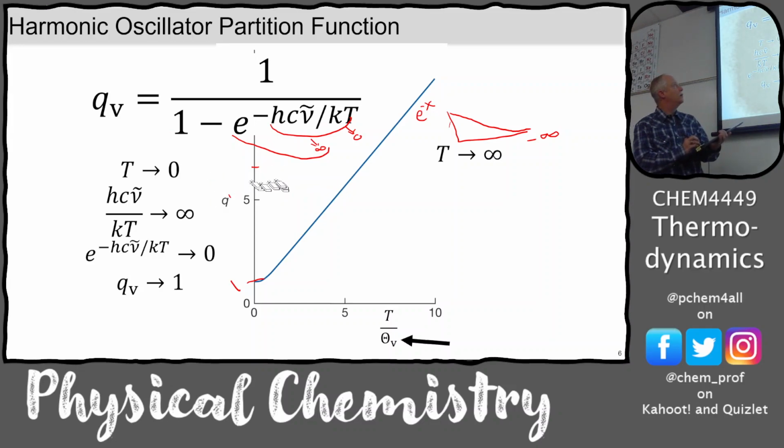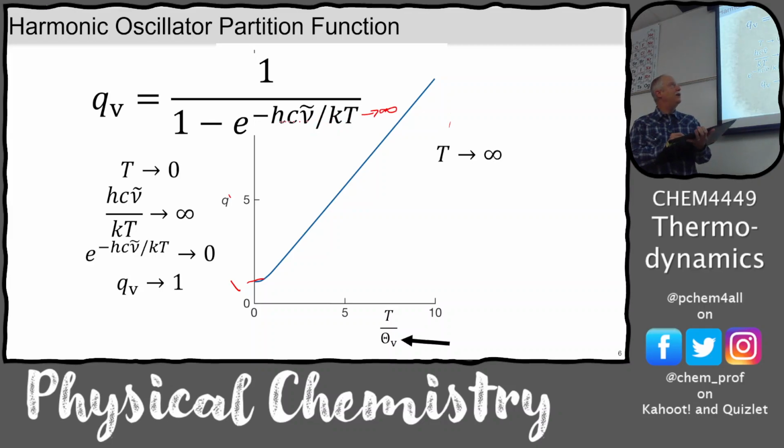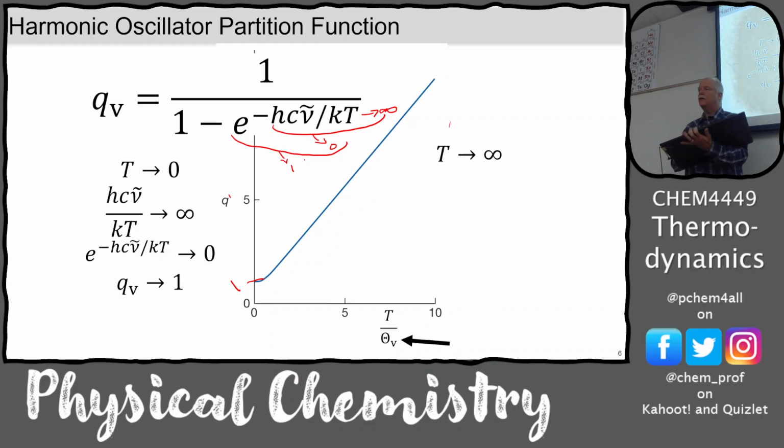You may want to, on your notes, put this off to the side since you don't want to erase. I've got it written out, but let's do it by hand again. As temperature goes to infinity, now we have infinity in the denominator, so this fraction goes to 0. Now we have e to the minus 0, so that piece goes to 1, because anything raised to the 0 power is 1.